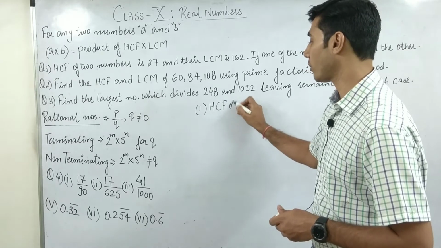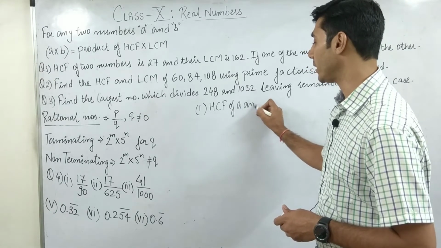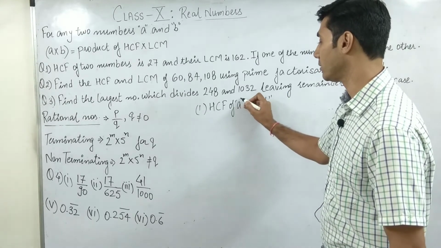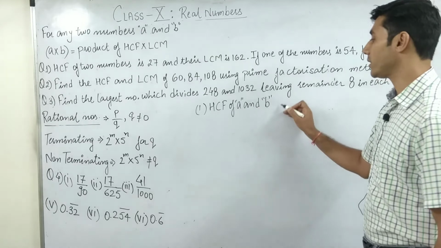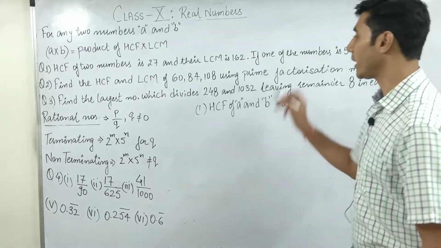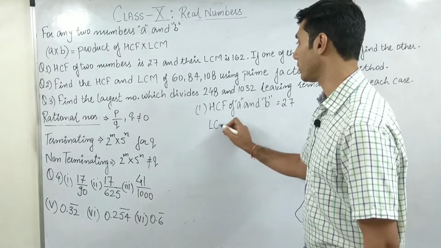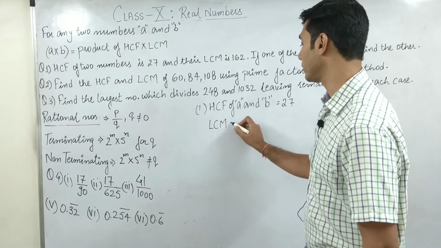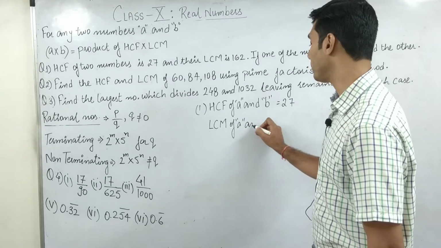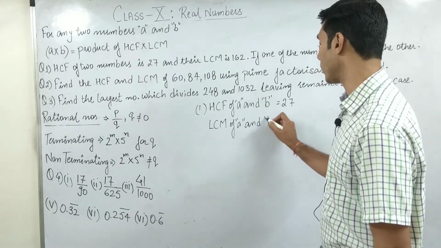So HCF of A and B, let those numbers be A and B, should be equal to 27, and their LCM is 162.